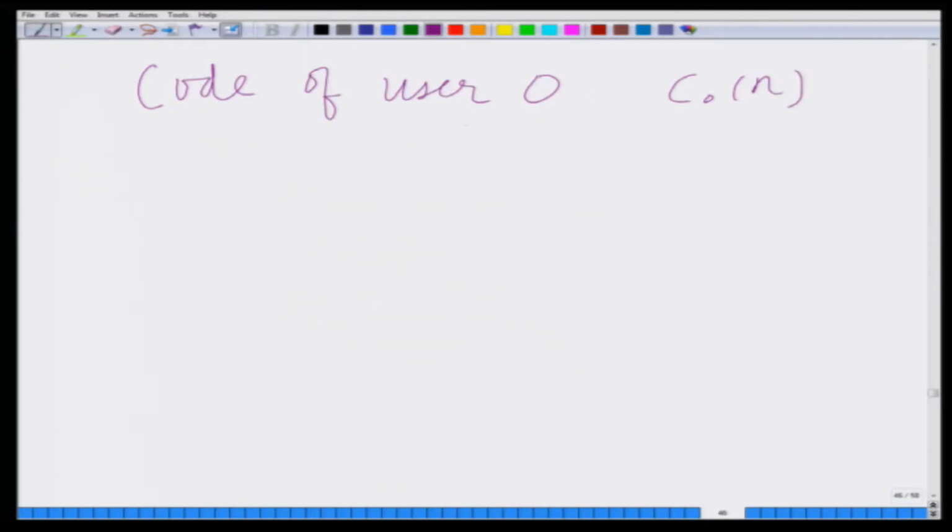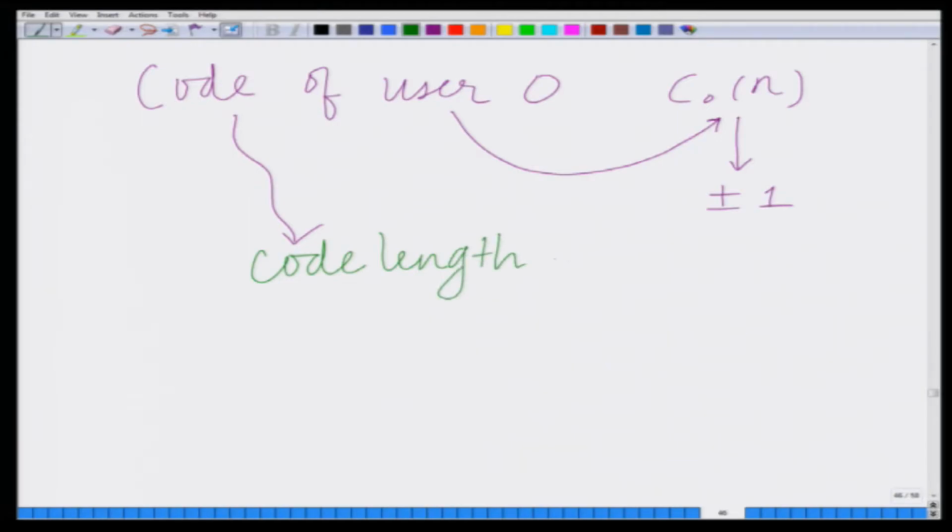Each C0 of n, as we have seen previously, is either plus or minus 1, and we are considering a code length of capital N. So, you are considering a single user CDMA scenario in which the transmitted symbol of user 0 is A0, the code of user 0 is C0 of n, and each code symbol or each chip is plus or minus 1, and the code length is capital N.